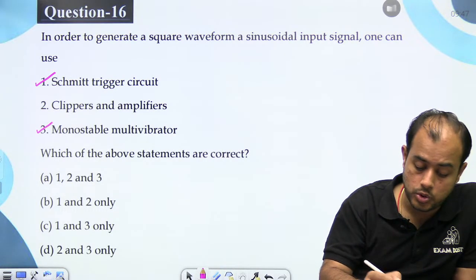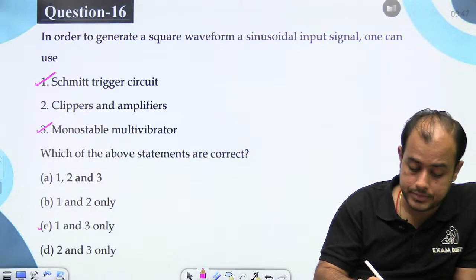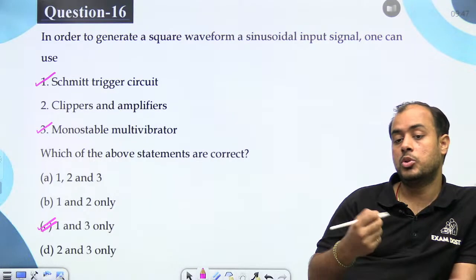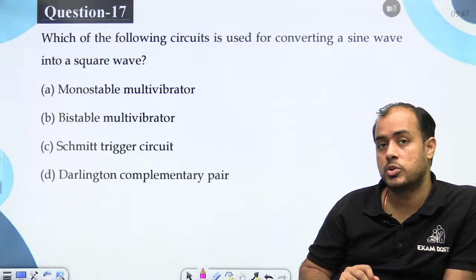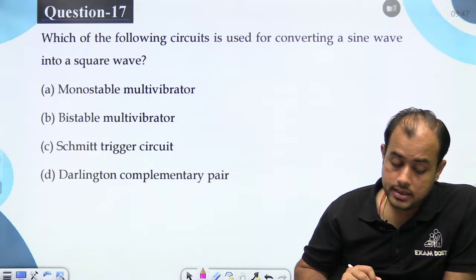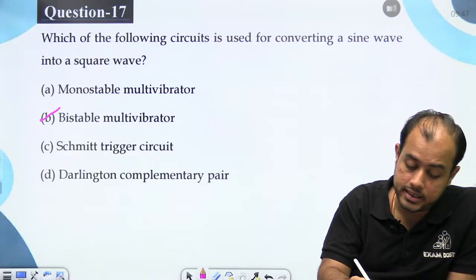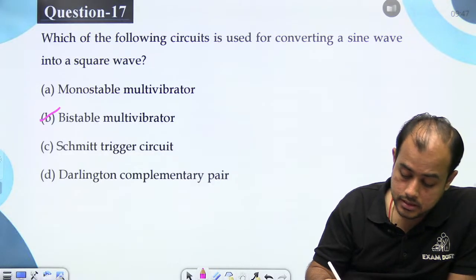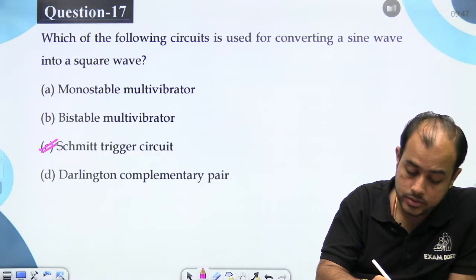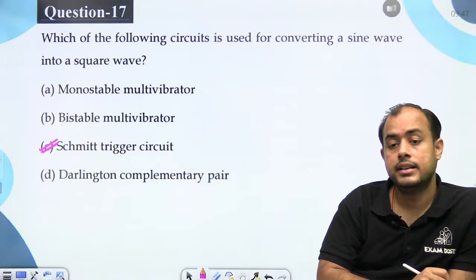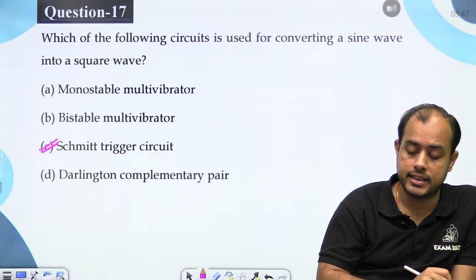You can use monostable multivibrator, because monostable multivibrator also gives you a square pulse. Sine wave to square wave, bistable multivibrator, that is Schmitt trigger, या फिर आप इसको Schmitt trigger ही कह दो. Okay, sine wave to square wave, best circuit is Schmitt trigger.